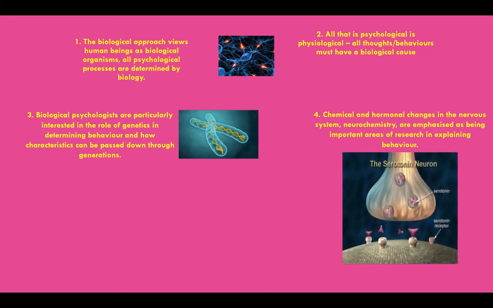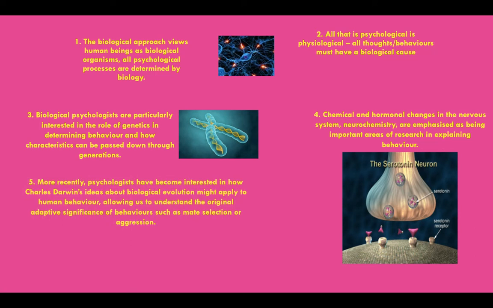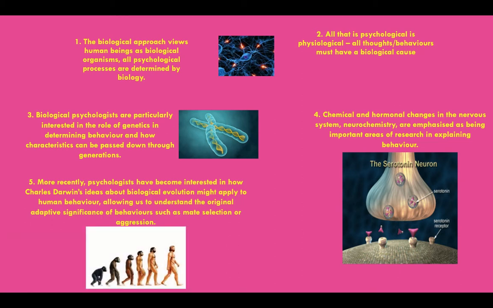So some of the points that you might have noted down are things like genetics, passed down through generations, chemical, hormonal changes, and also don't forget you've got evolution here as part of the biological approach as well. So that's adaptive behaviours that have passed down that aid our survival, in other words. So this is your introductory, base foundation understanding of where the biological approach is coming from.